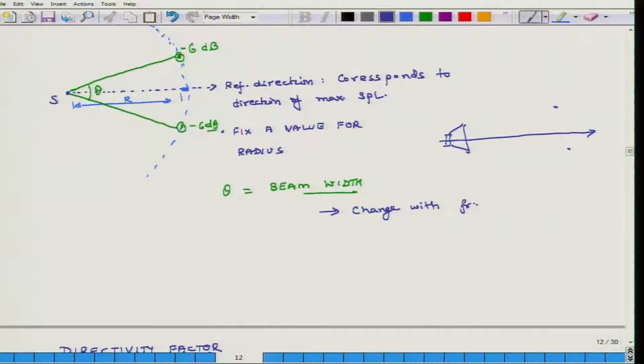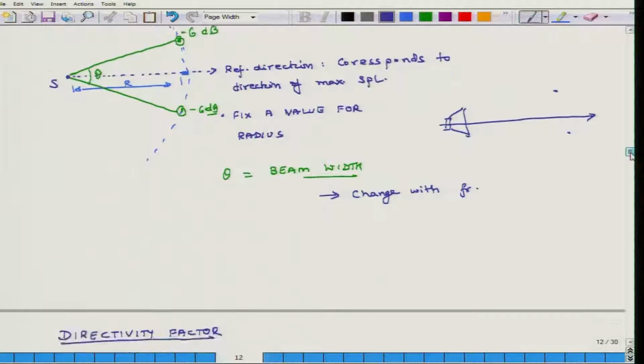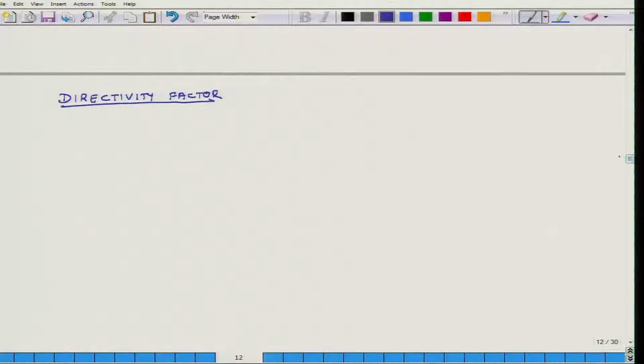It is important. All these parameters, directivity pattern, beam width, directivity factor, depend on frequency. So, directivity factor.